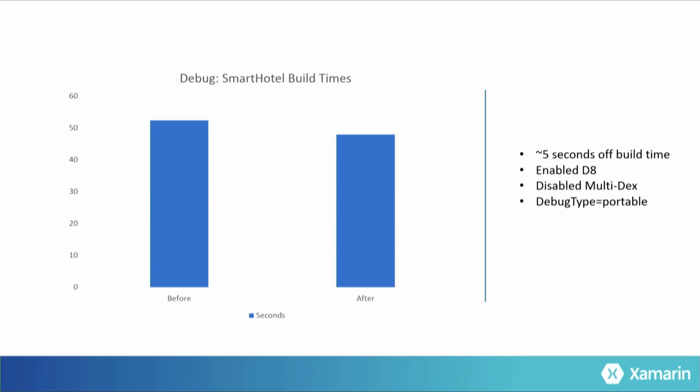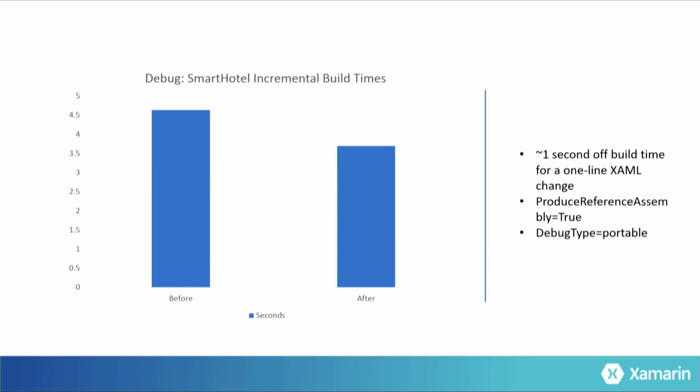And I just changed a few settings. They had multi-dex on, which they used to need, but for the newer version of Xamarin Android, they did not need it anymore because we had fixed some issues there. I changed debug type to portable. I turned on D8. And I saved 5 seconds off the build just by changing these settings. And let's say your machine's not as fast as mine. I could see you might see double that improvement just by changing those settings.